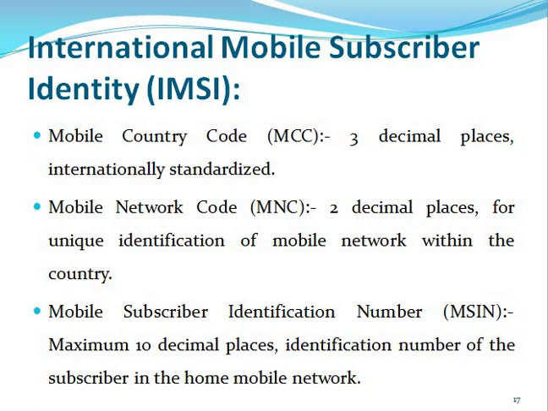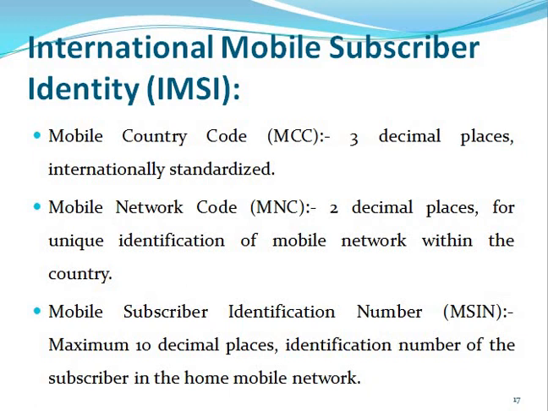So each mobile has this 10-digit code, and with it you can find the mobile identity. This is the valid code. So this is the international mobile subscriber identity standard.